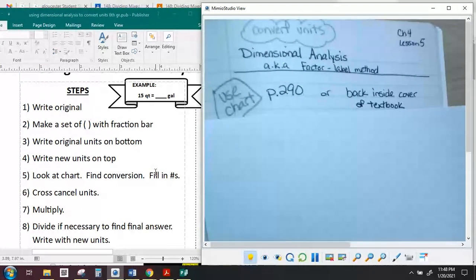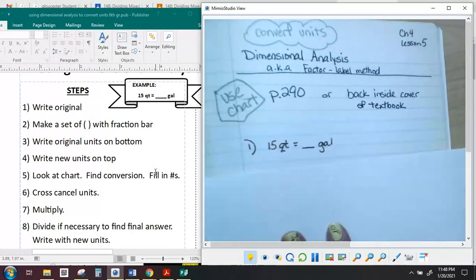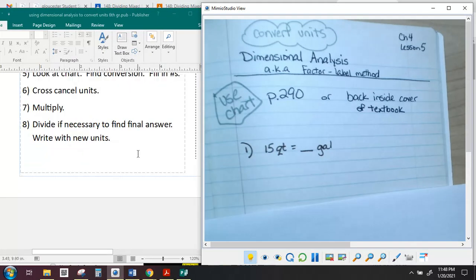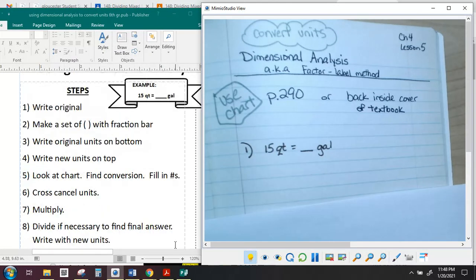Okay, so let's go through this step by step. The very first problem is the one that you'll see on my step there. And I moved it again. Darn it. The whole page of this actually does this first problem on the right. I just shrunk it down so you can see the steps. Okay, so the first step is to write the original. I have 15 quarts. That's what QT means, which is like a liquid measure or like something you might use in the kitchen.